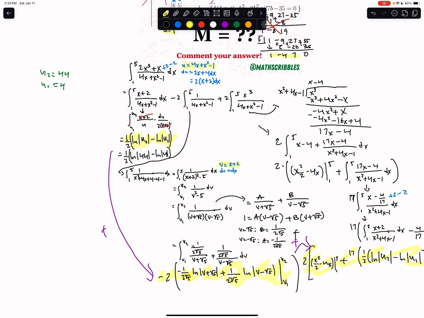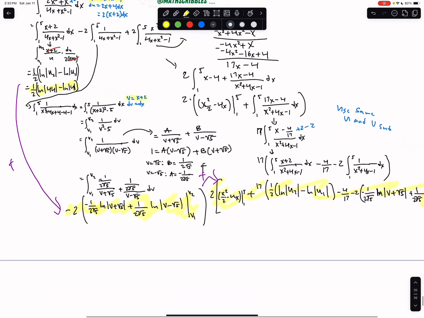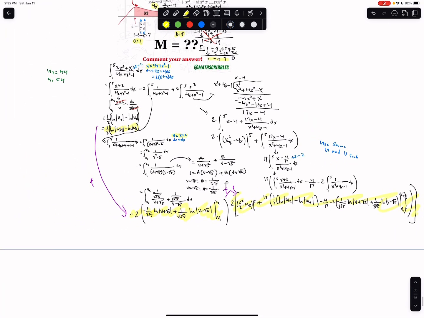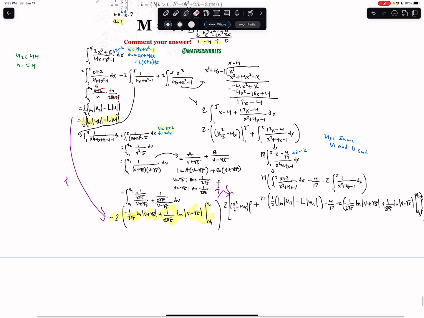Okay, I'm going to stop. I'm going to erase the highlighter here, and I'm going to highlight this. And so now, if I put my substitution here, this should be, again, just trying to stay organized as much as possible.